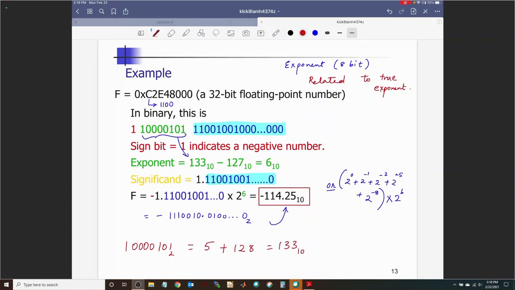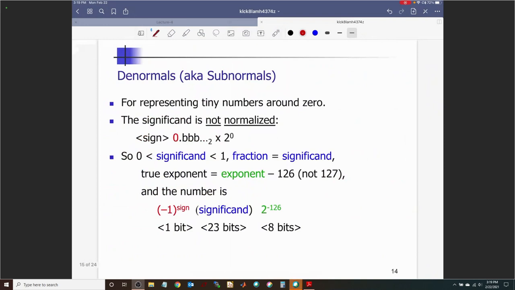All right, other questions, you guys? Okay, let's move on. Now, if there are normals, then there are also denormals, also called subnormals. There is a specific motivation why we use denormals.